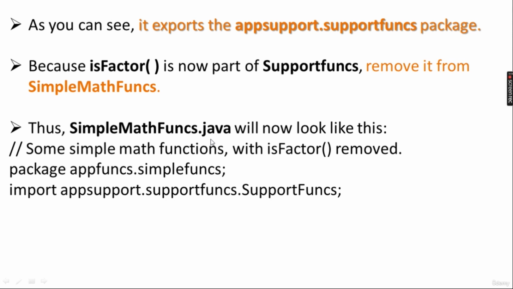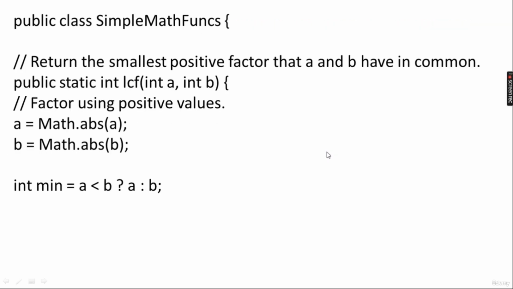Now simple mathematical function.java will look like this, where the each factor method is removed from app functions.simple functions, and we import app support.support functions.support function, which has the factor method. In the simple mathematical function we will have only two methods, least common factor and greatest common factor.